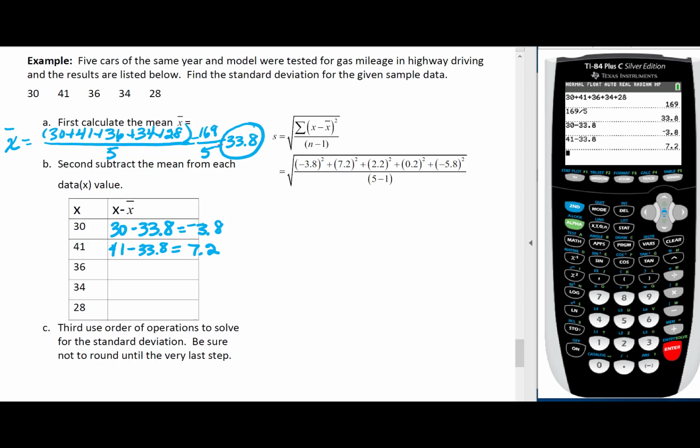So that's the difference between the x value and the mean. Next, the x value is 36, minus, again, the mean 33.8. On our calculator, 36 minus 33.8 is 2.2.